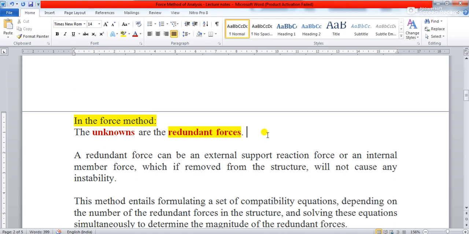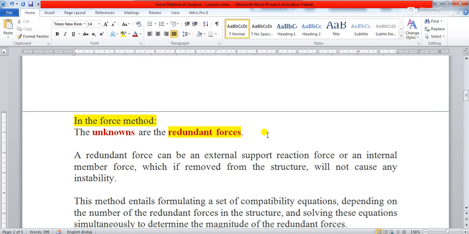Redundant forces means the number of unknown forces, and forces means either reaction forces or moments, and they may be external reactions and moments or internal reactions and moments in any member of the structure. Those kinds of forces will be called redundant forces.